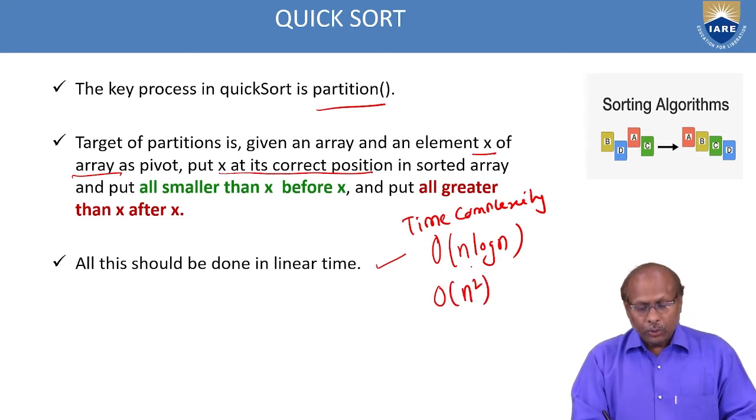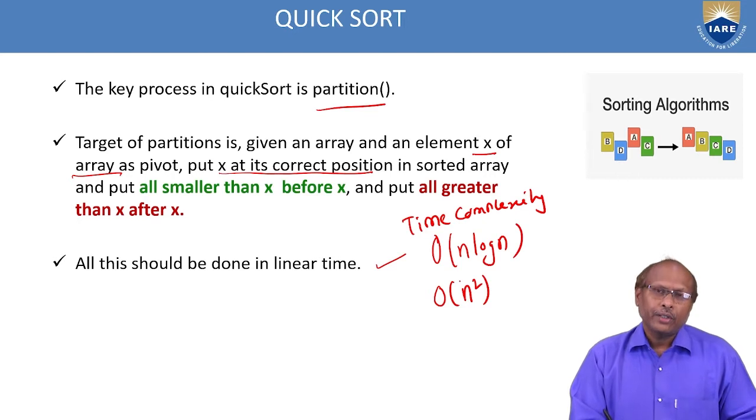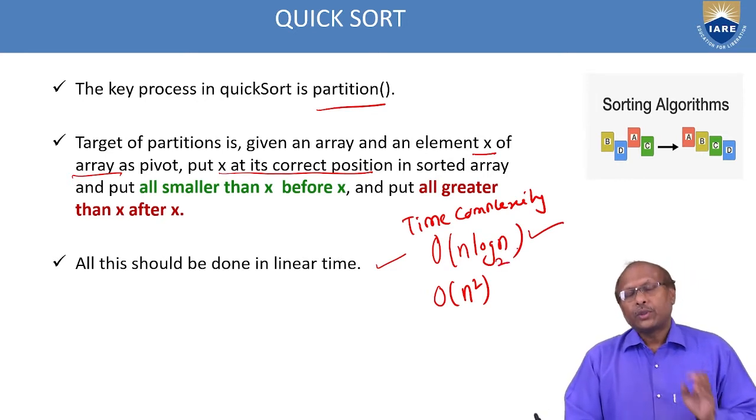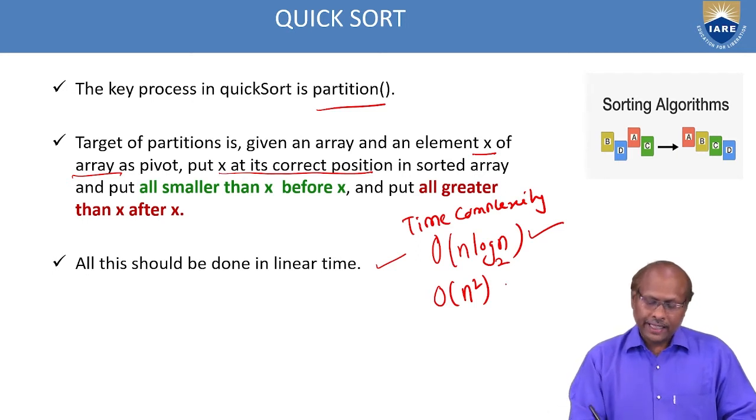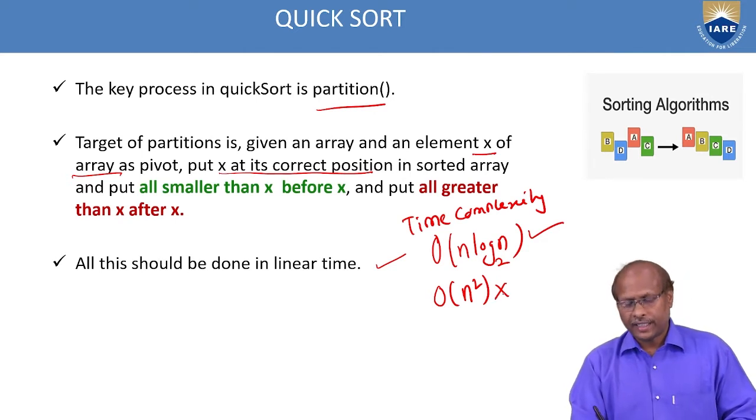So you have to give random or mixed data, then the time complexity is order of n log n base 2. So Quicksort is not suitable for already arranged data, and it is not advisable to use Quicksort for already sorted data.